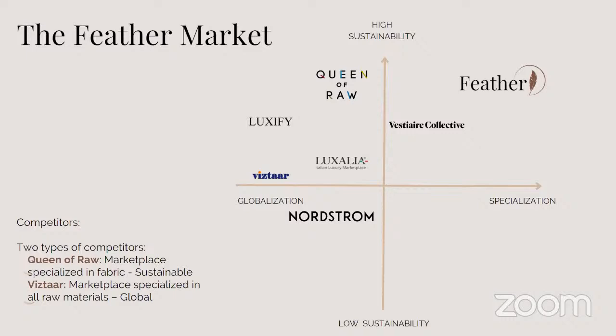And our other big competitor would have been Vestiaire Collective, which is known to be a reuse platform of fashion, but not in raw material. So this is where we think outside the box.